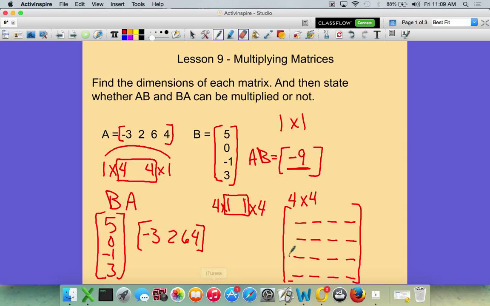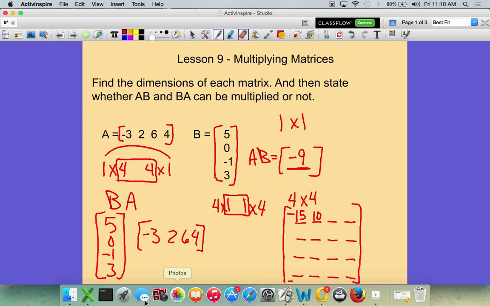This spot right here is in the first row, first column. So I'm going to take my first row number times my first column. Well, 5 times -3 ends up being -15. The second spot, row 1, column 2, I'm going to take 5 in the first row times my column 2, which is 10.